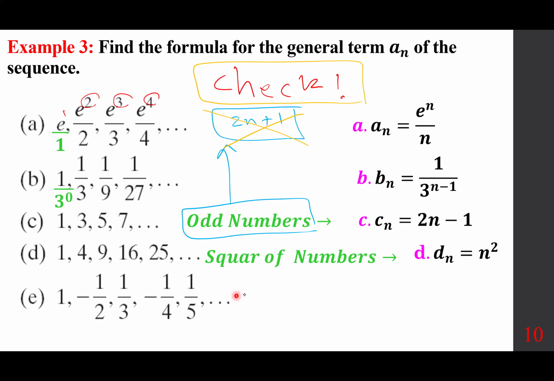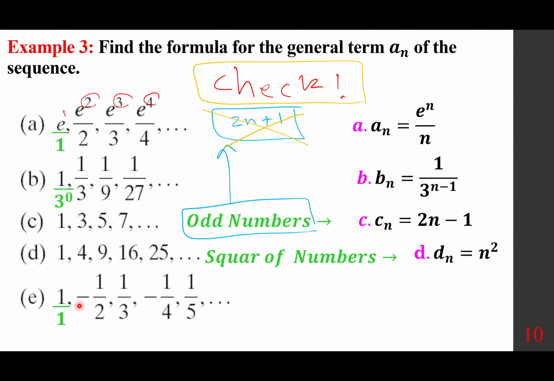Now, in this case, there are a couple of things we notice. First and foremost, the denominator is 1, 2, 3, 4, 5. Again, the denominator is n, just like the first one. And the numerator is 1. So it's easy to see it's 1 over n. However, there is one thing that is interesting to notice.